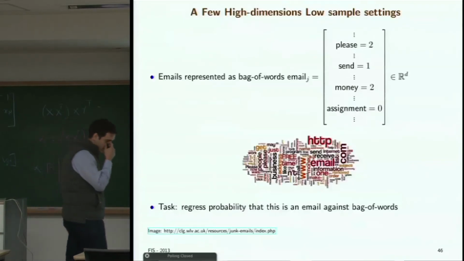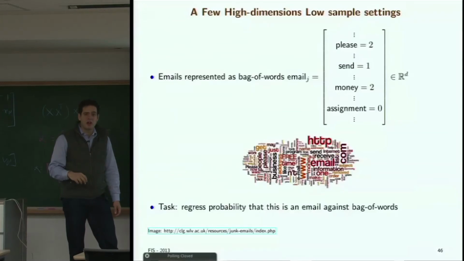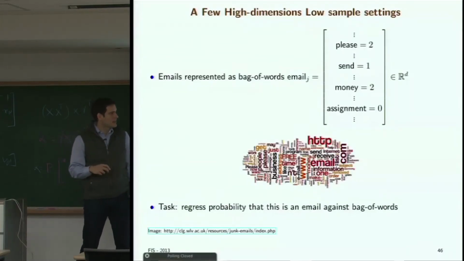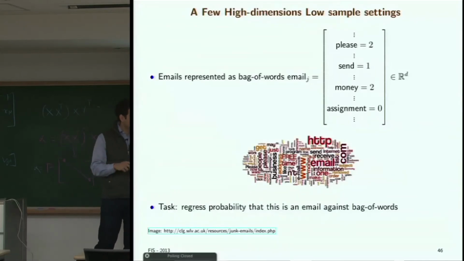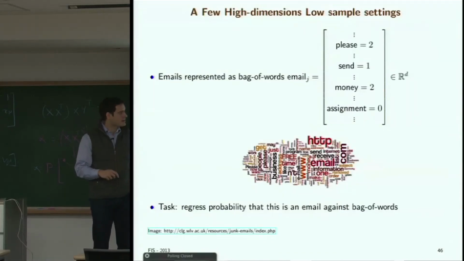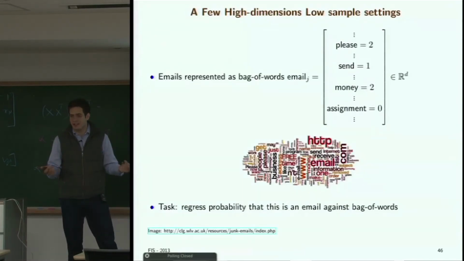Another very simple task is, imagine I receive emails every day on my mailbox, and I represent each email as a bag of words, meaning I just represent it as the number of times each word in a dictionary appears. So if an email is such that the word please appears twice, send appears once, and money appears twice, maybe that could give a hint that it's a spam mail, right?